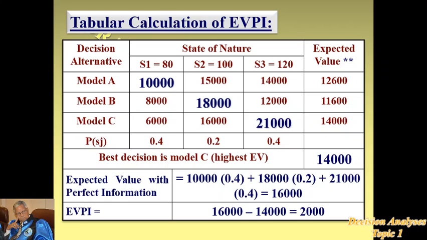Our current expected value is 14,000. With the perfect information, this 14,000 will become 16,000. So we got 2,000 more. We cannot pay more than this as a value of perfect information.